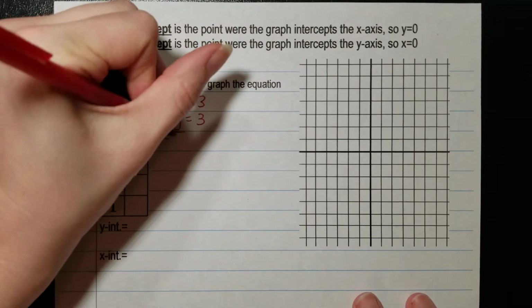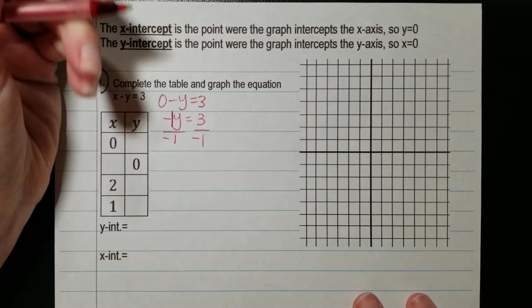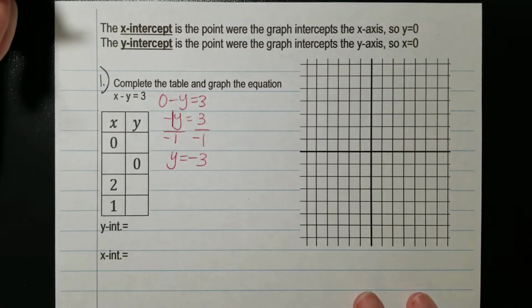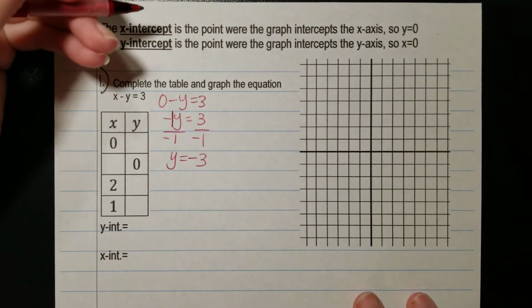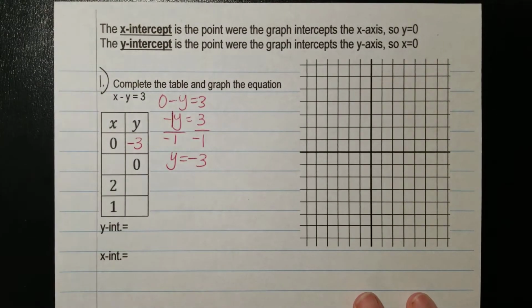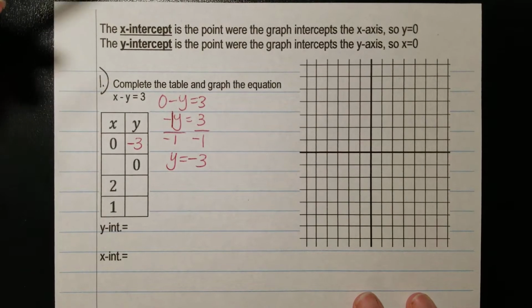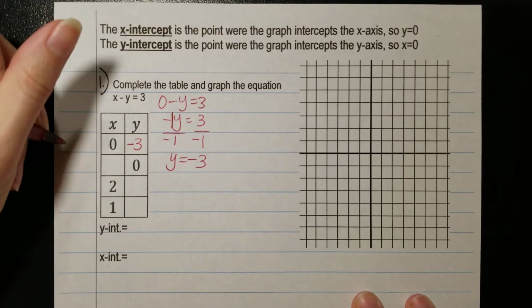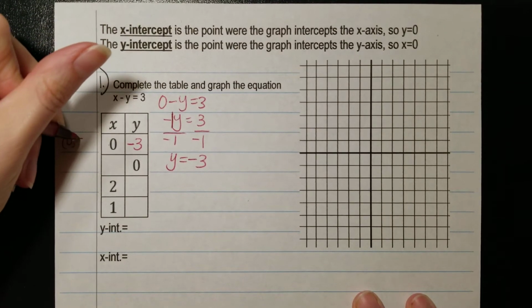So to solve that, I would divide both sides by negative 1. So then I would have y equals negative 3. So whenever x is 0, y is equal to negative 3.